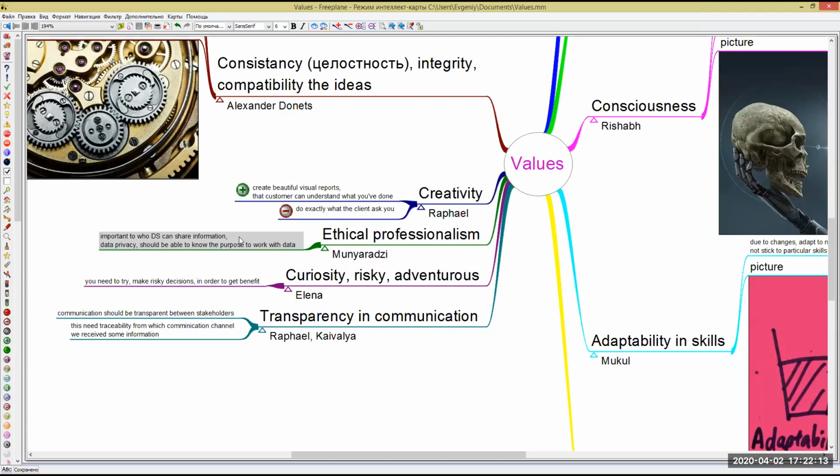When I think about transparency in communication, I think about the correspondence of what is being communicated to the real-world situation, because sometimes during communication between stakeholders the information can be warped.